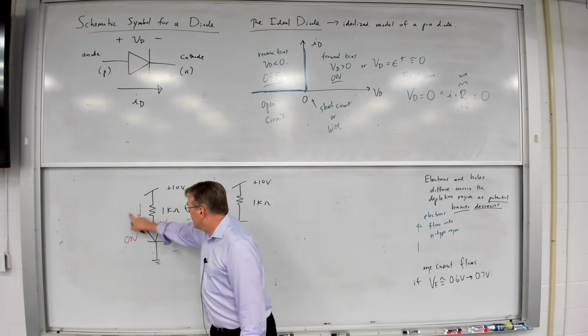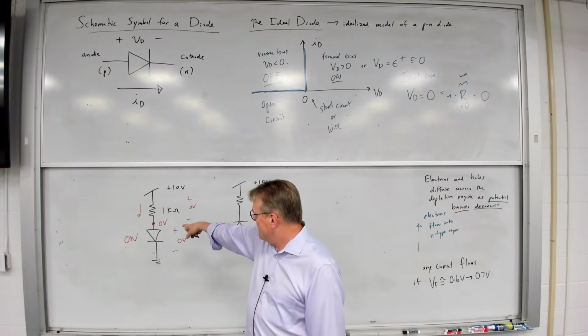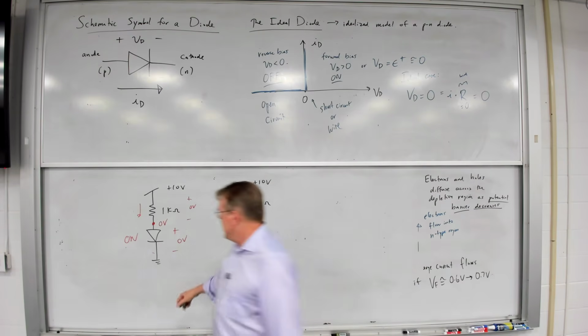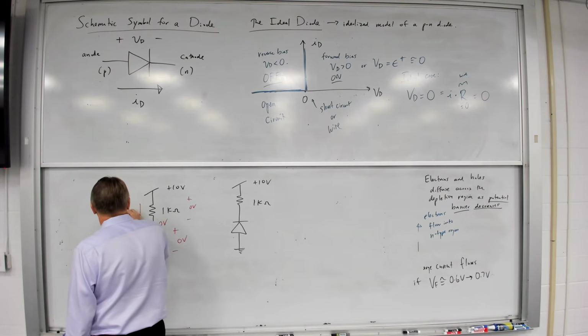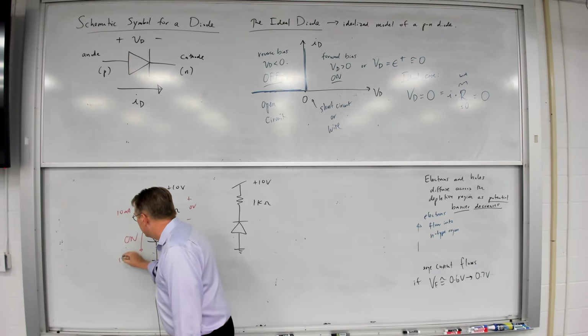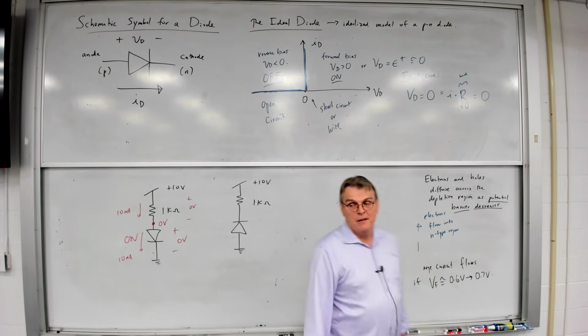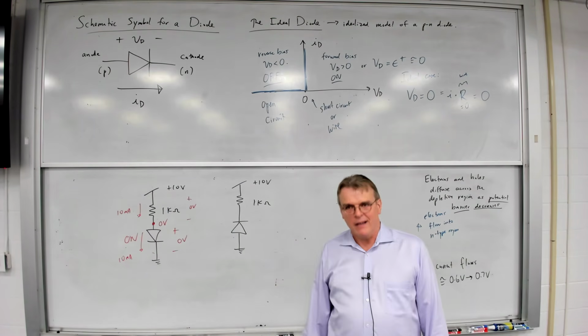What is the current flowing through that resistor? 10 divided by 1K, 10 milliamps. Therefore, 10 milliamps by KCL is also flowing through that diode. Does that make sense? Yeah, okay.